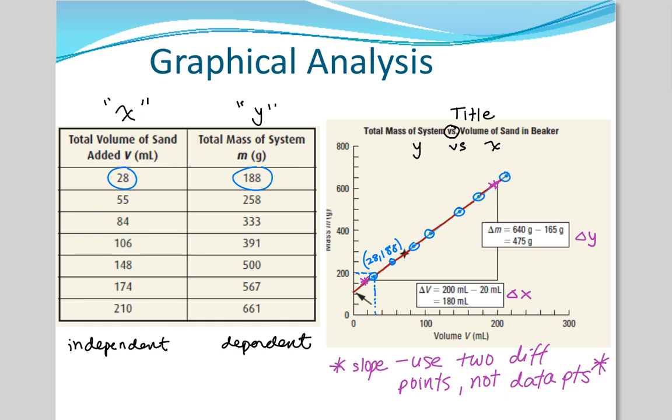Delta y over delta x, this would be 475 over 180. And then you'd figure out this slope, and the units would be in grams per milliliter. So maybe that's interesting, maybe it's not. Okay, so just keep in mind this structure for slope.